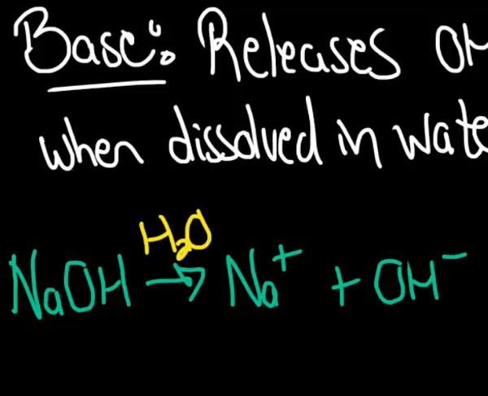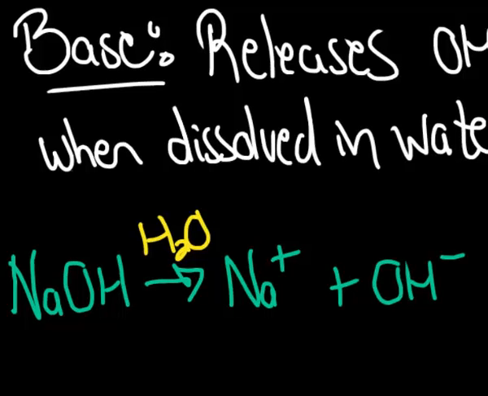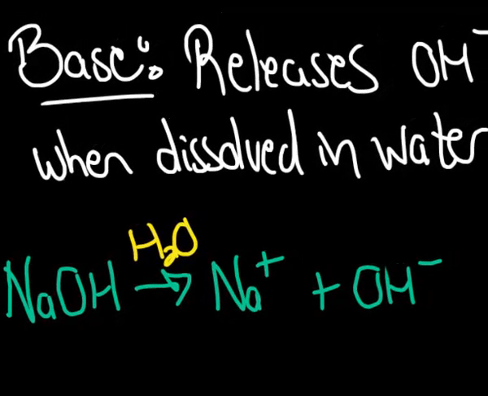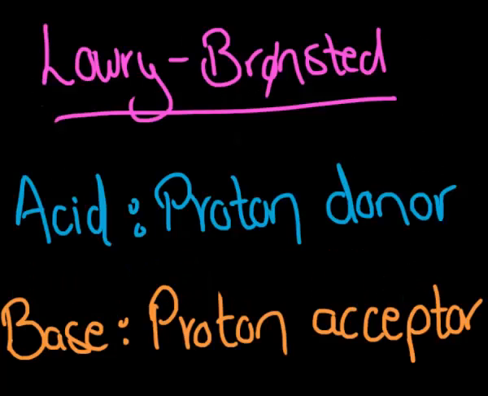Now specifically for bases, this is not always true because not all bases can dissolve in water. And that's why Arrhenius theory had only a limited area, and that was only when dissolved in water. And we needed to look beyond reactions with water to identify an acid and a base.